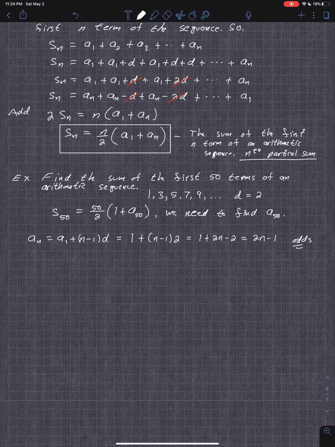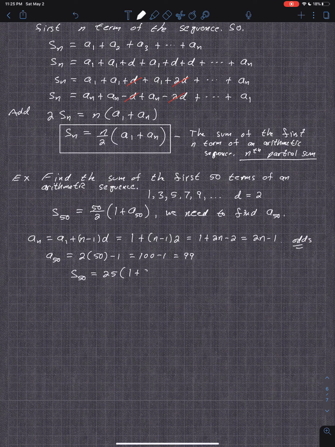All right, so now calculate a sub 50. So a sub 50 is equal to 2 times 50 minus 1, 100 minus 1, which is 99. So we go back to our formula. S sub 50 is equal to, we'll just write 25.